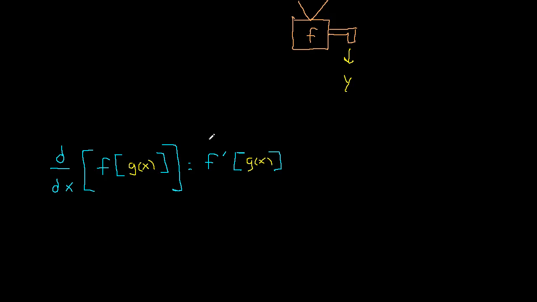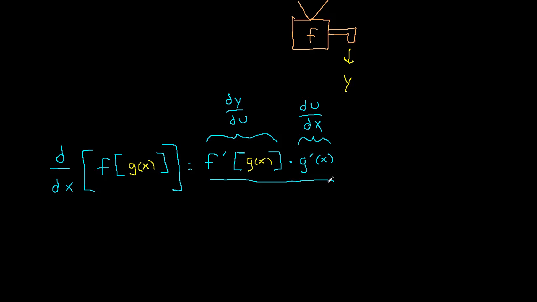This right here is like my dy du. That's the derivative of my outside function. Now you have to multiply it by the derivative of the inside function. The inside function is this guy right here, and that's just going to be g prime, or du dx. There it is. So here's the other form of the chain rule.